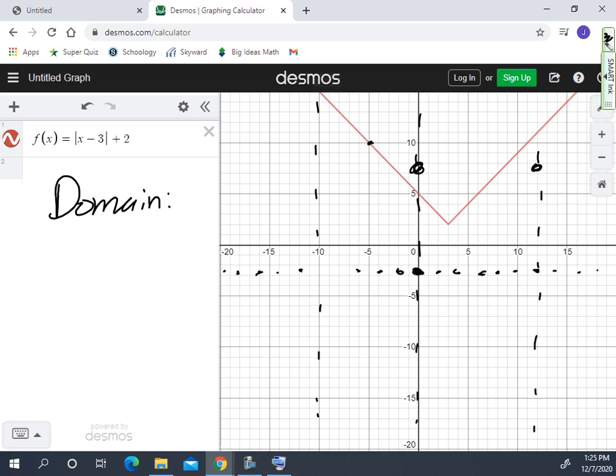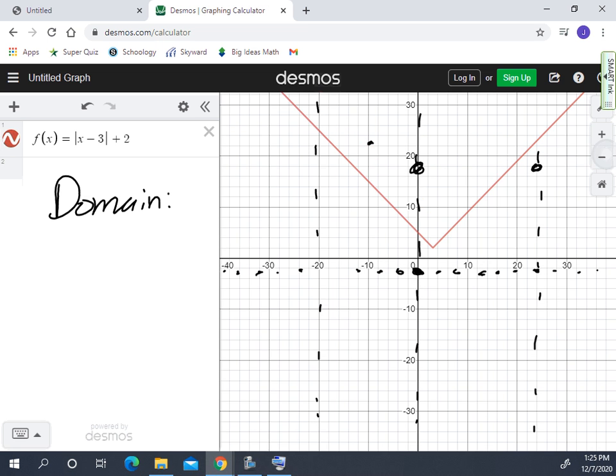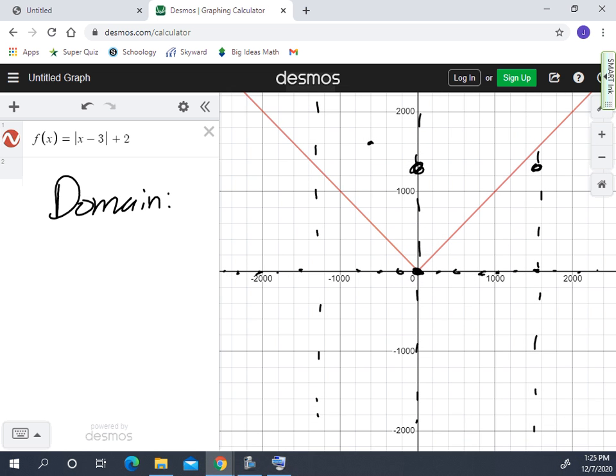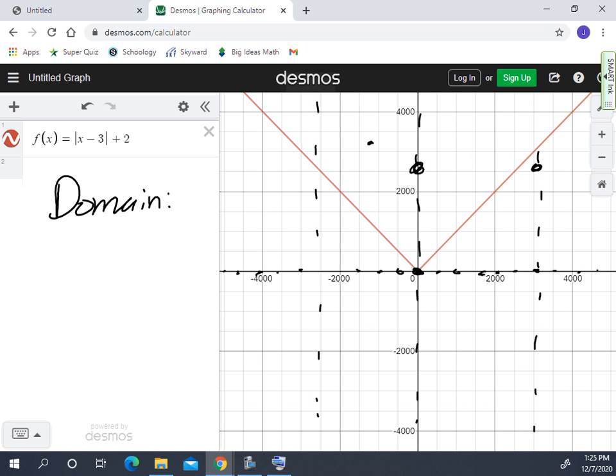Well, what if I keep zooming out? Is there ever an end to a point? If I had negative 4,000, there's a point. If I had 3,000, there's a point right here. So is there a point to which there will not be a result for our domain? No, there's not. So our domain is negative infinity to positive infinity.